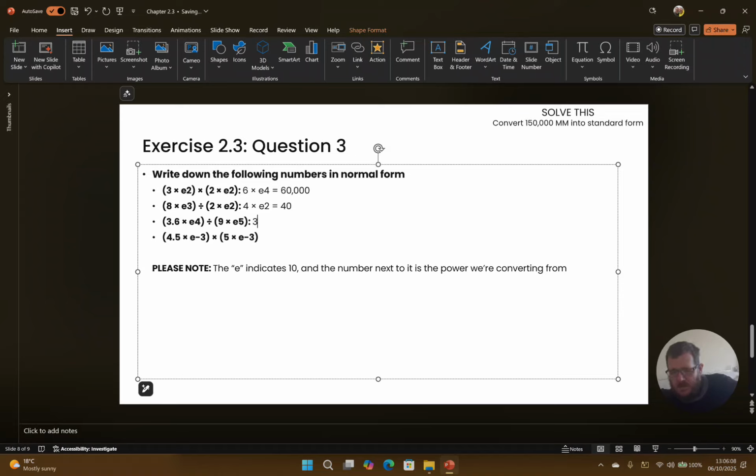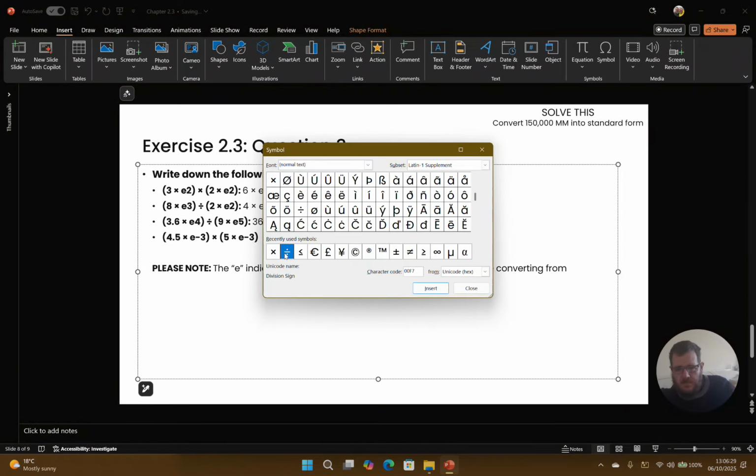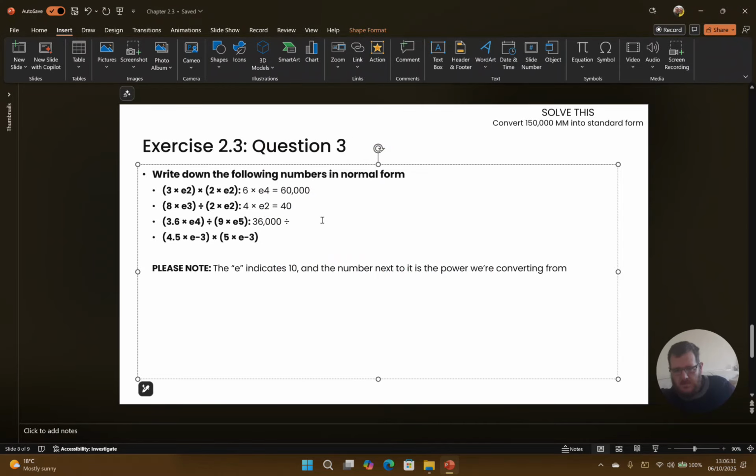So we want 3.6 times E4, so that would be then 1, 2, 3, 4. Divided by 9, and that is followed by 5, so that's 1, 2, 3, 4, 5.